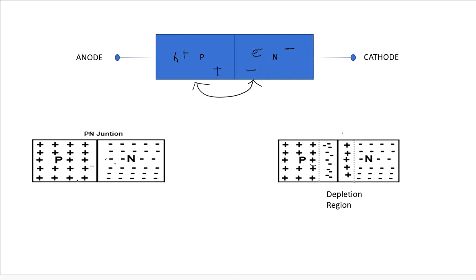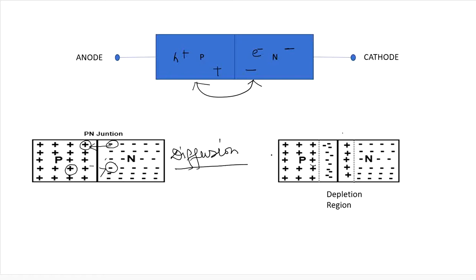Because of this high potential difference, the positive charges from the p region want to go to the n region and start to recombine with these electrons, as well as the electrons in the n region start flowing in this direction and recombine with the holes. This process of recombination is called diffusion.